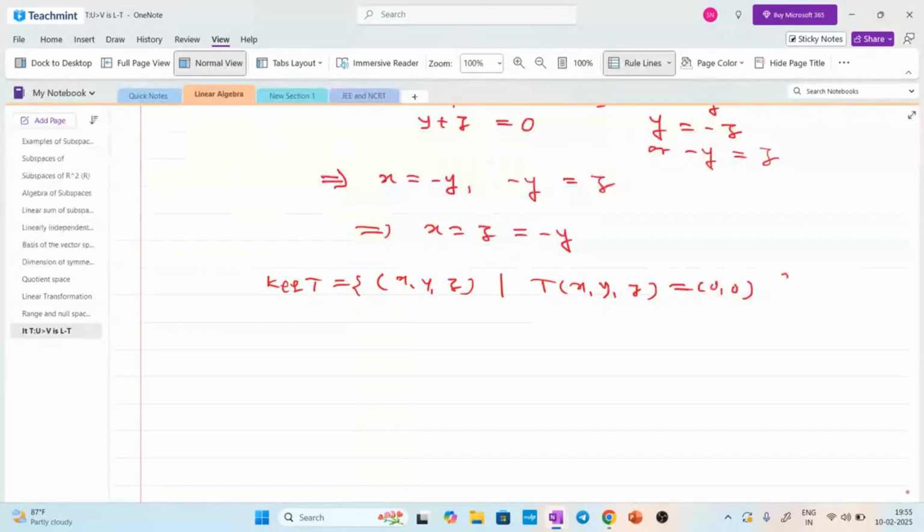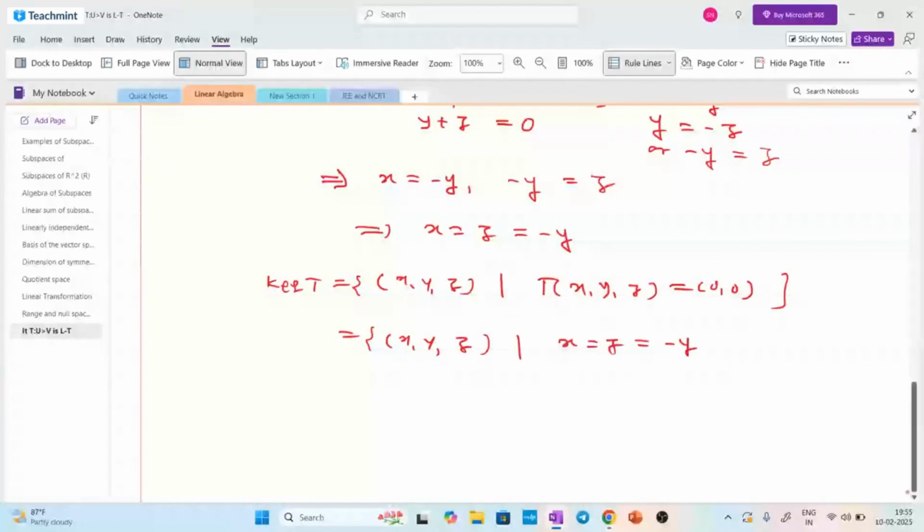This is the definition. Then after that, it is equal to the set of x y z such that if you take T of x y z equal to 0, then we get the conditions x equal to z, z is equal to minus y.